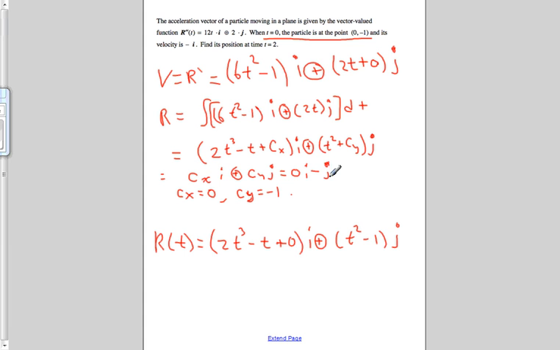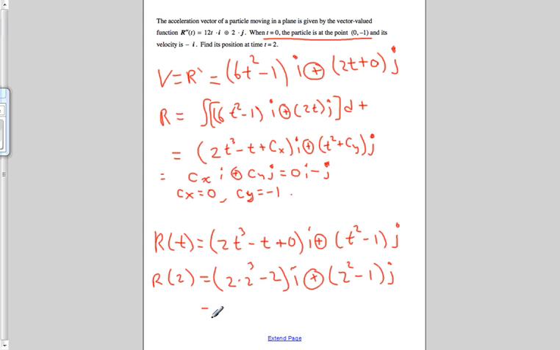And now let's evaluate at t equals 2. So we want to find the position at t equals 2. So we're looking for r of 2, which, as we evaluate this, 2 times 2 cubed minus 2i plus 2 squared minus 1j.